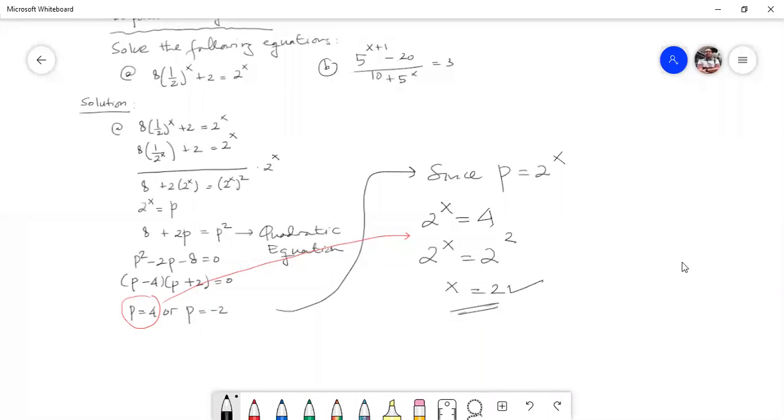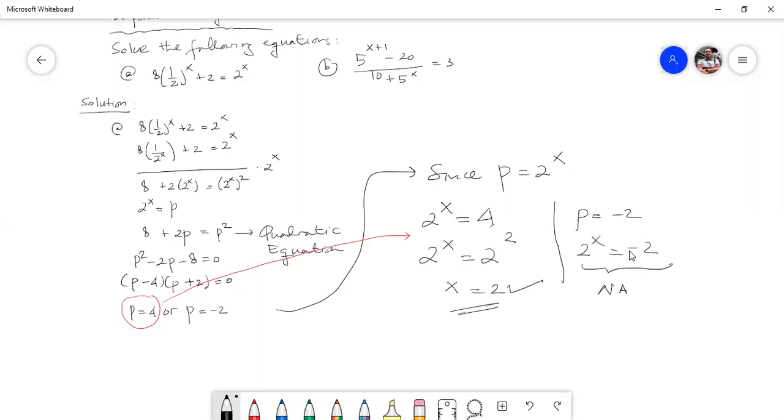Then how about when b equals negative 2? Is it possible for us to find what x is? What do you think? This is impossible, so this cannot be solved.